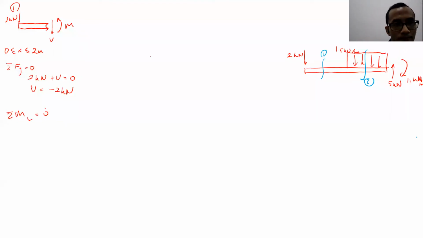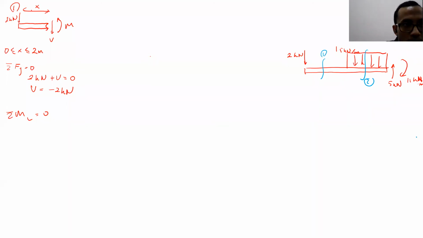What do you have there? This one is x, always x. So it is 2 kilonewton times x minus M equal to 0.